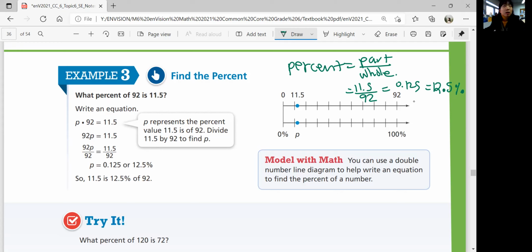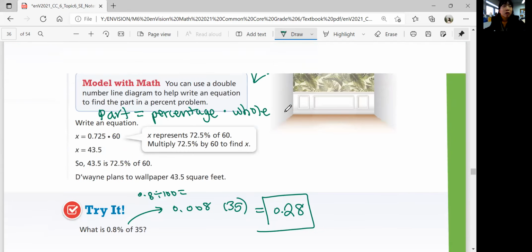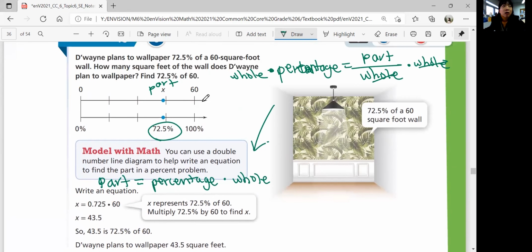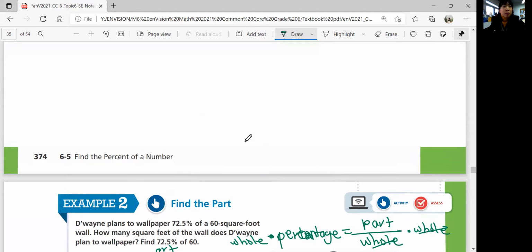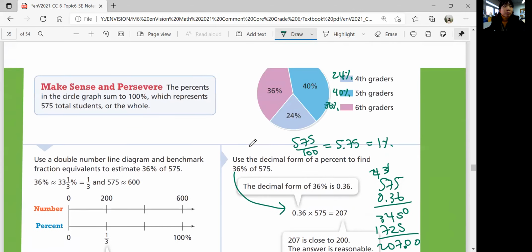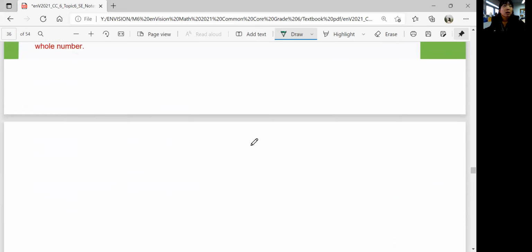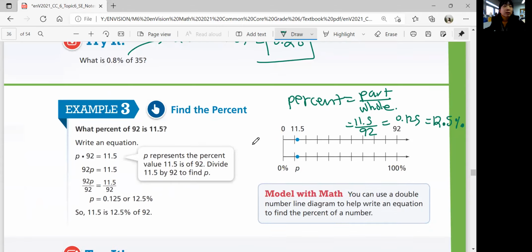Okay. So how is example 3 different from example 2? In example 2, we already know the percentage and the whole, but we don't know the part. So that's finding the part. Example 1 was estimating and finding percent.